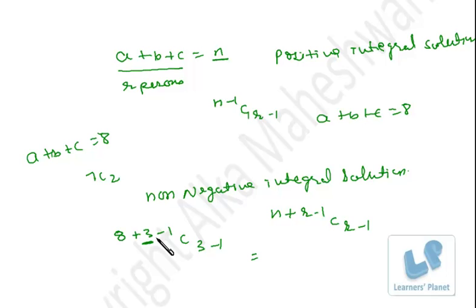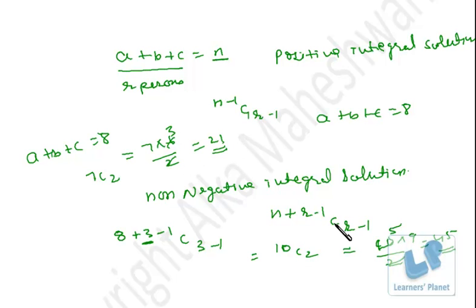So 8 and 3 is 11, minus 1 is 10, C2 will be our answer. So it's 10 into 9 by 2, 45, right? So if you wish to find out the positive integral solution of a plus b plus c is 8, that is 7 into 6 by 2, 21. And if you wish to find out the non-negative integral solution, that will be 45, right? For the same equation, we are having 2 types of solution.